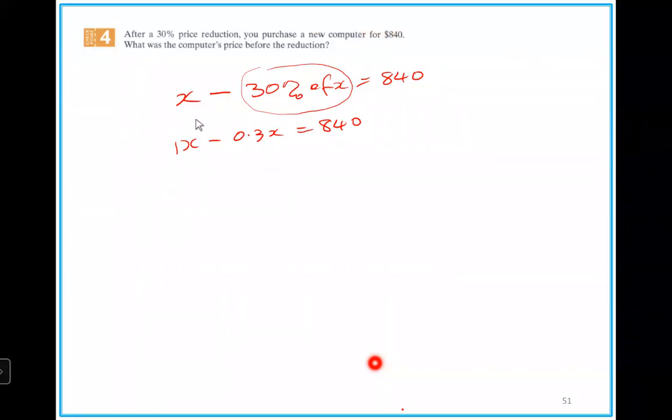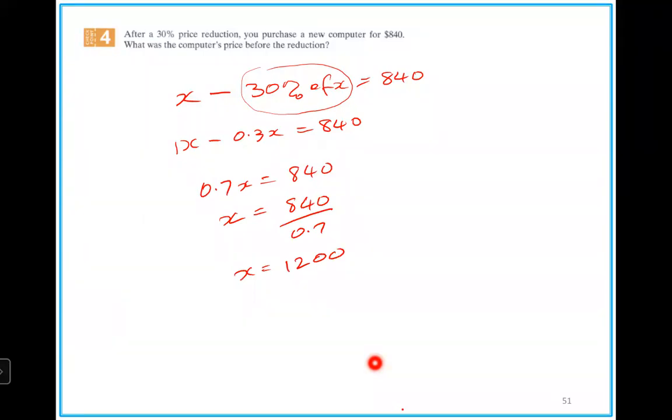So that would be 0.7. Okay, so 0.7X is equal to 840. So it means then X is equal to 840 over 0.7. X is equal to 1200. Okay.